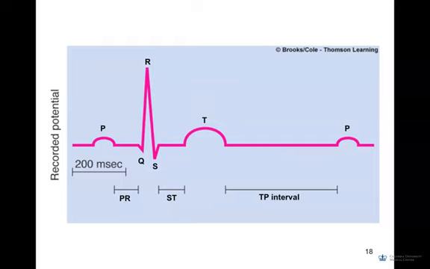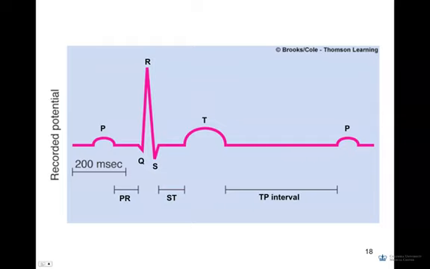Once the AV node fires, the action potential quickly spreads to the bundles of His, and we get a QRS complex, because the QRS complex represents the depolarization of both ventricles.